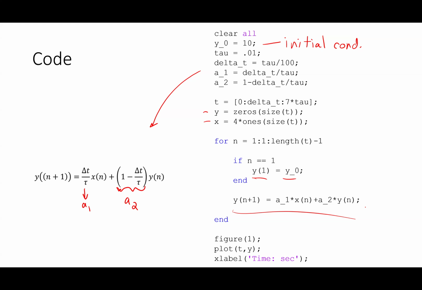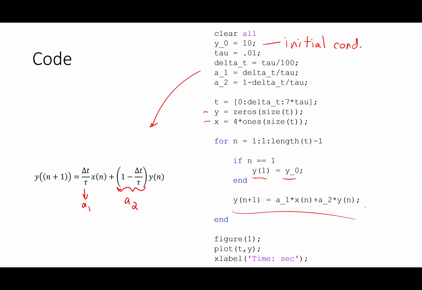When you get to the end, you're going to be trying to shove a value into a place that doesn't exist, trying to solve at some entry after the end of the vector. So you'll run into problems. And remember, code always works. It's going to go through the for loop until it gets to the end, and MATLAB will yell at you.